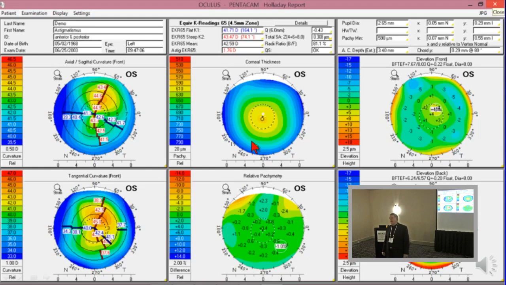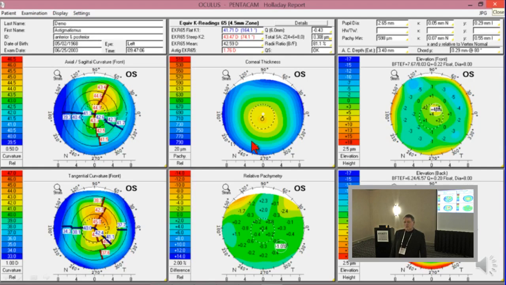Yeah, Mark. What I've traditionally done over the last 7 or 8 years is use the Holladay EKR detailed report on post-refractive myopic patients for picking IOL powers using the 2 millimeter EKR. And it's worked quite well in the formulas that we've used.